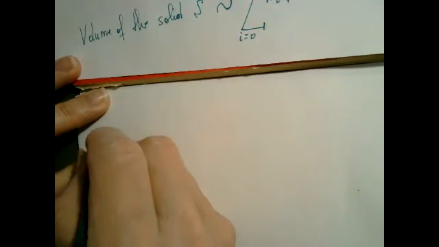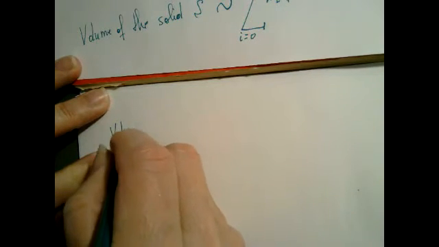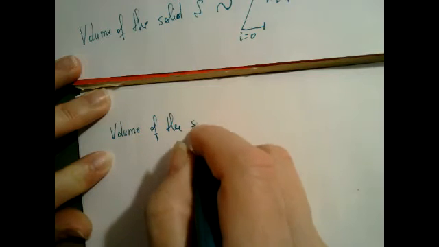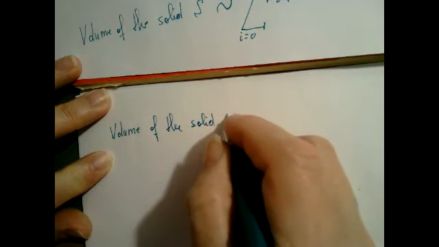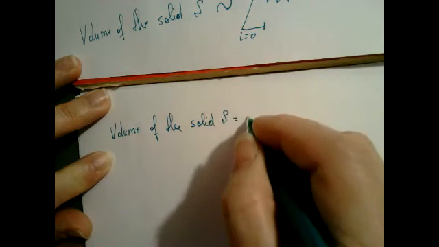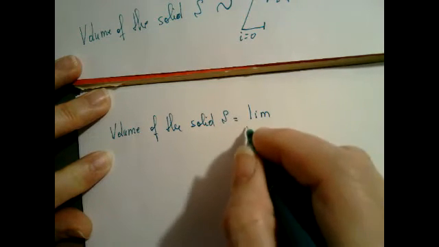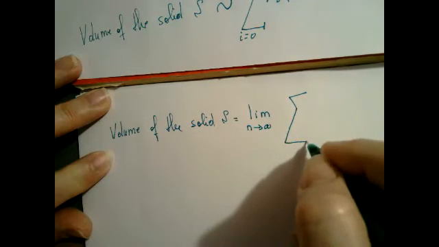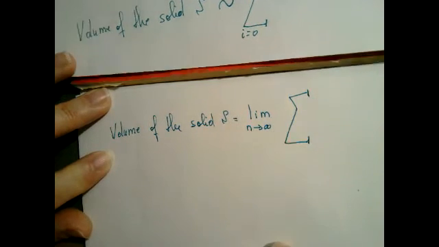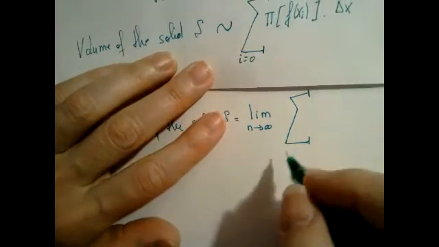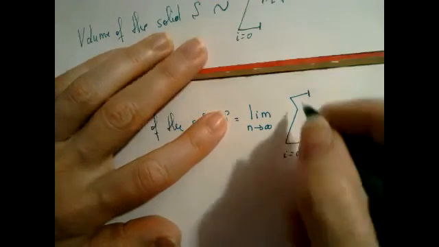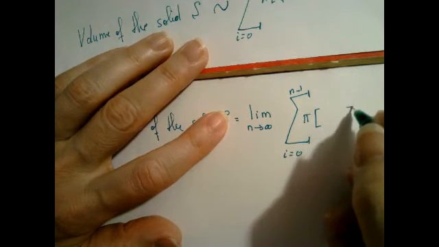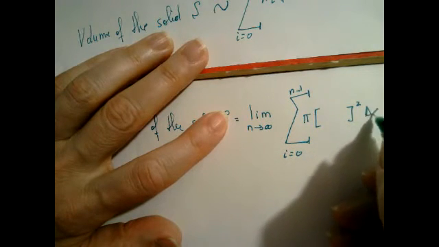The volume of the solid is what happens to those sums when the number of subdivisions becomes very large. Mathematically, it's the limit of those sums when n, the number of subdivisions, becomes very large.